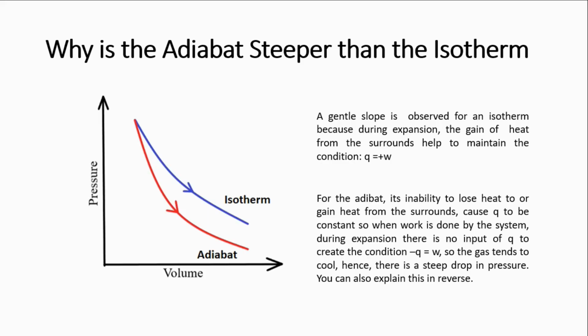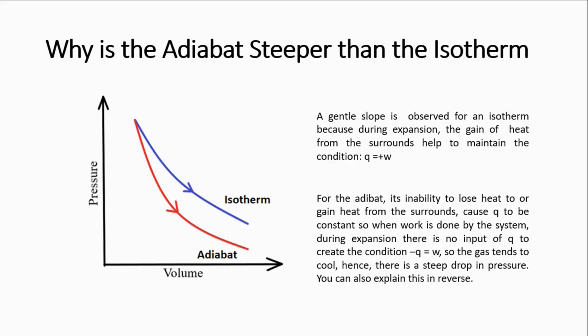Expansion means that the gas is doing work. If the gas is doing work, then its internal energy should decrease. However, if its internal energy is to remain fixed, then you have to put heat energy into the system. And this is what happens for isotherm.